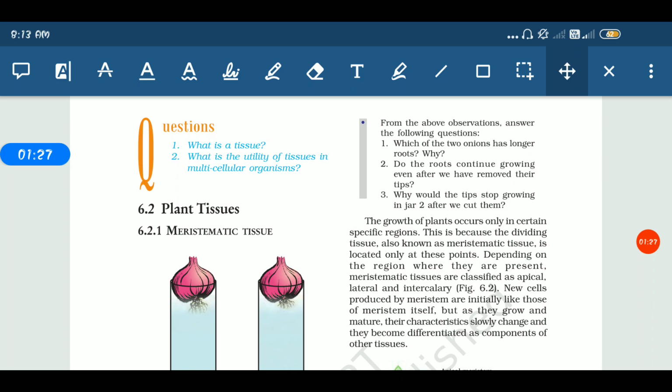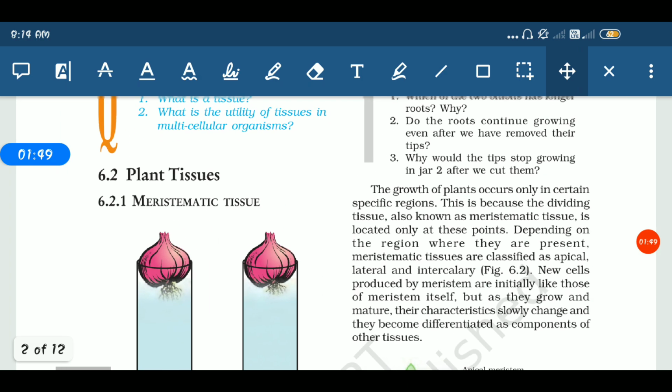When cells in a plant combine together and form a specific tissue, that type of tissue is referred to as plant tissue. The same thing happens in animals. The cells present in the animal body combine together to form tissue known as animal tissue. So students, in this video we are going to deal with plant tissue.